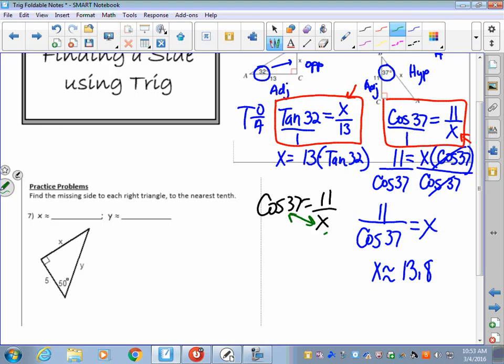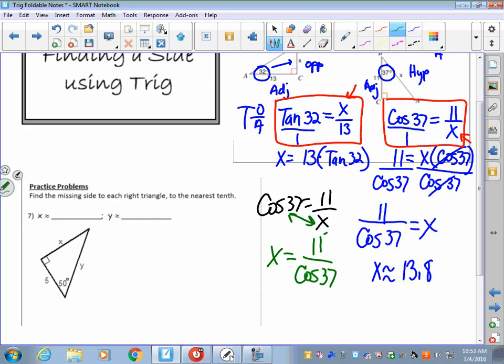Because then the X will come over here, 11 will be on top, and your trig function will be at the bottom. And now you've got your answer. You can do the long way, but I'm just telling you, that's always going to happen.